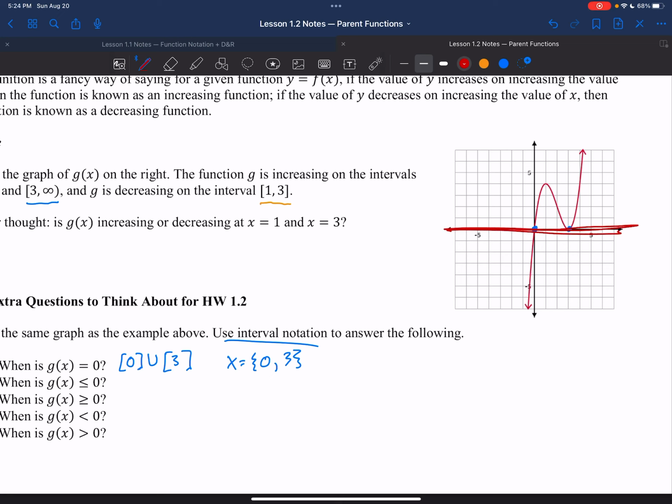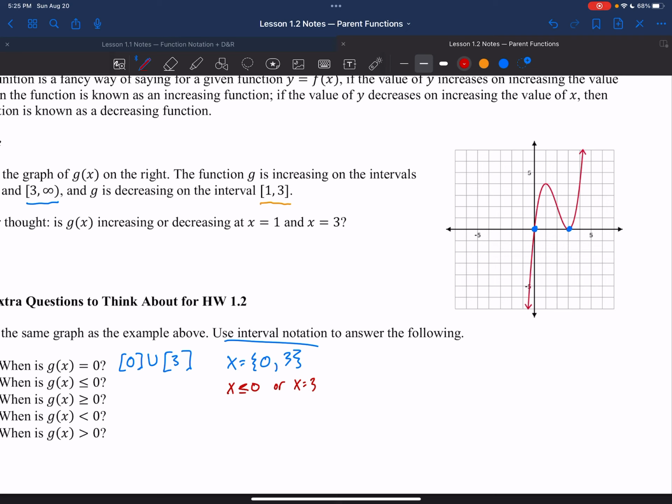So if it's equal to 0, it includes those 2 points we were talking about, but it's also below that x-axis. So that means x is less than 0 or equal to 0, or x equals 3. That's maybe like inequality notation.